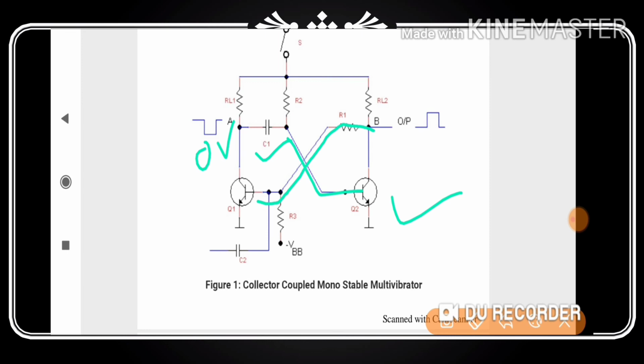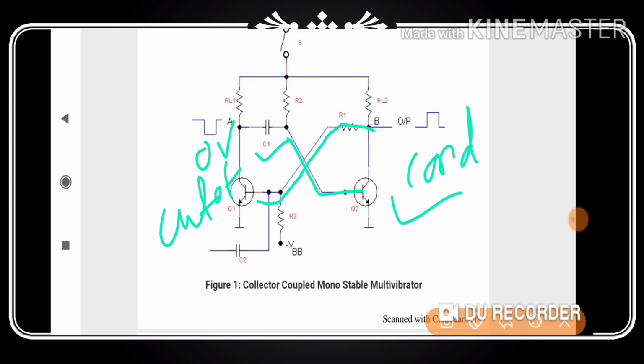Hence, the circuit reverts to its original state with Q2 conducting at saturation and Q1 in cutoff.